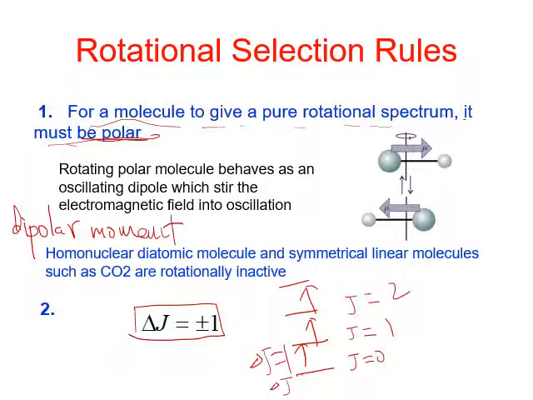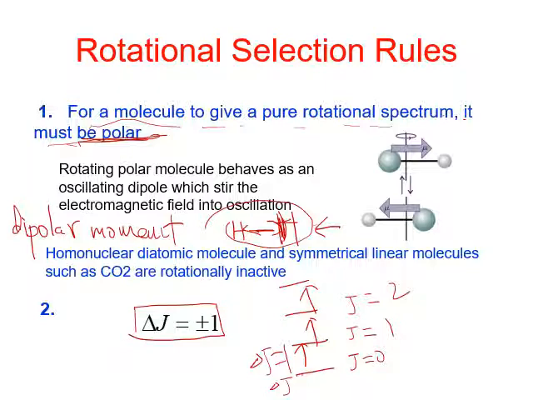For example, hydrogen is symmetric, so when it vibrates, the dipole moment doesn't change. It cancels out, and so the hydrogen molecule does not absorb light in vibration. Now rotation says it must be polar. The hydrogen molecule is not polar, and therefore does not absorb light for rotation.